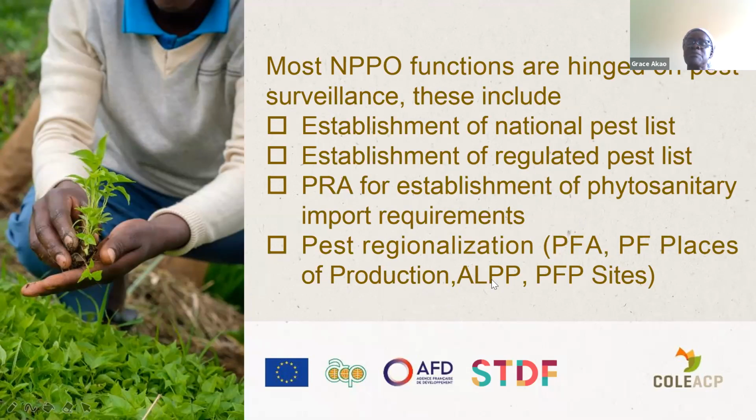That specific pest population is low and is still being officially maintained and communicated. Pest-free production sites, these are things like if you're producing in greenhouses and you're maintaining this greenhouse free of that specific pest, and you still go ahead as an NPPO to communicate to your trading partner.